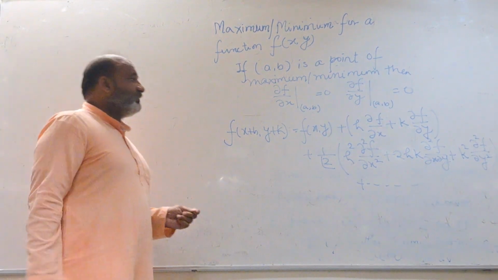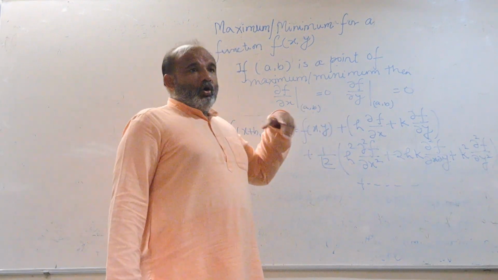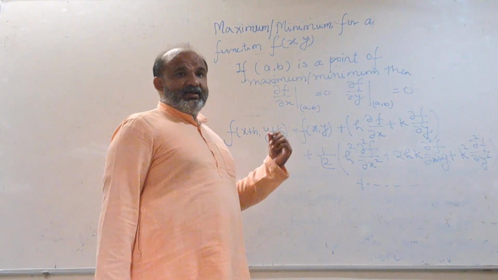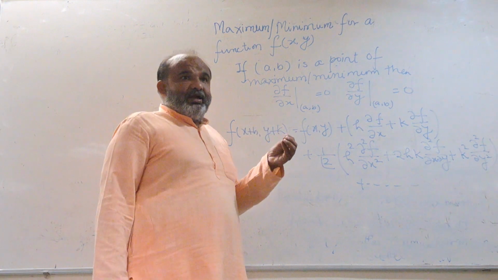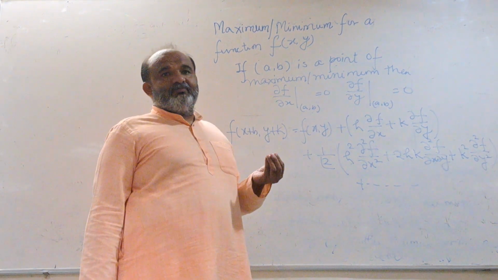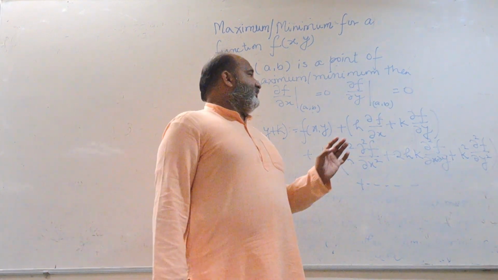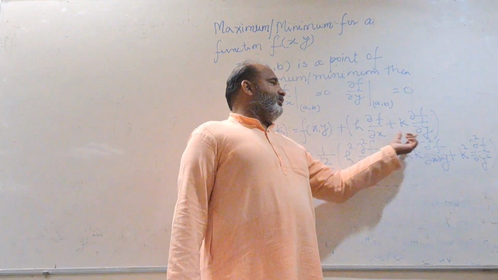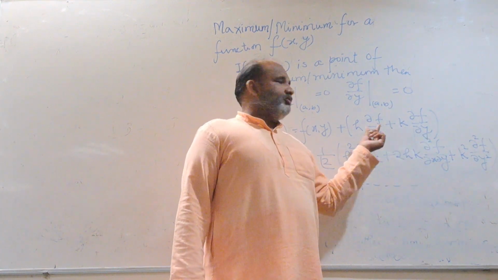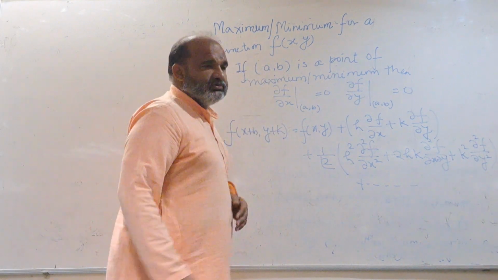Now, if there is some point (a, b) or any value of (x, y), and at that point there is either a point of maximum or a point of minimum, then these first-order terms will become equal to 0. So del f over del x is equal to 0 and del f over del y is equal to 0.